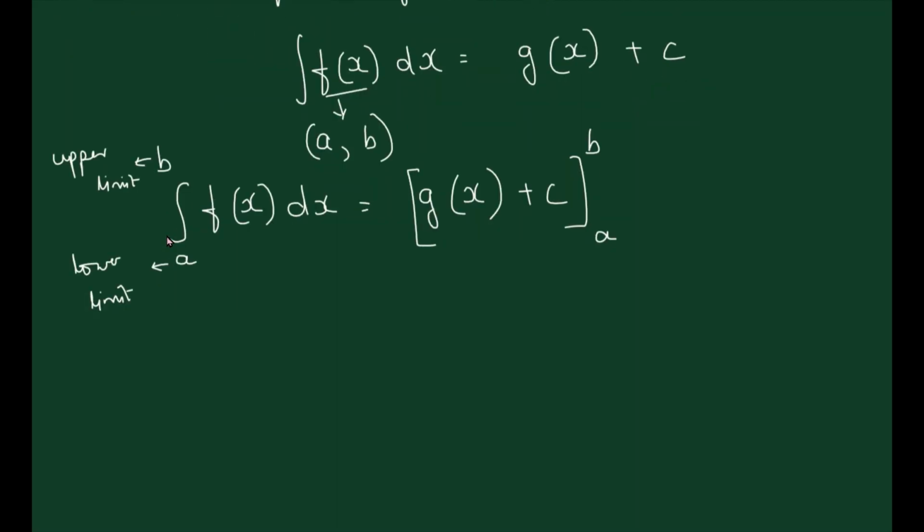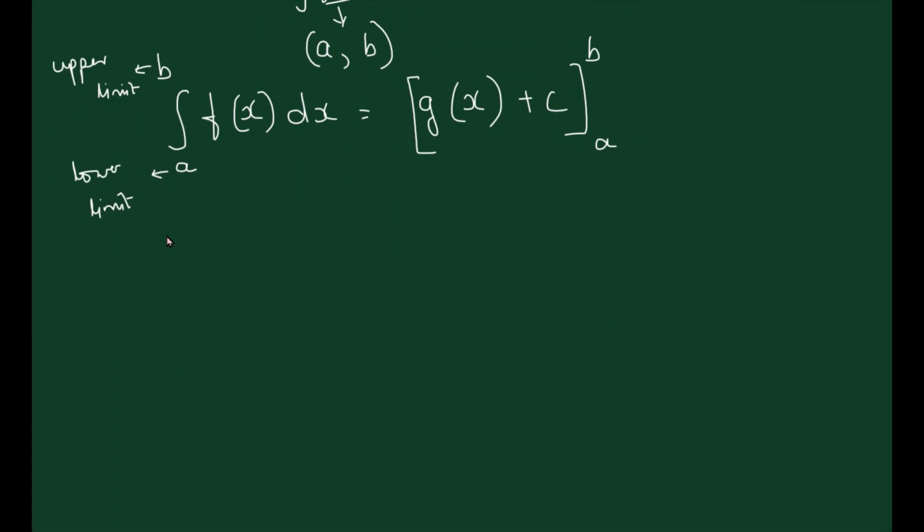After this, what we do is that in g(x), first the upper limit is substituted for x. So we write g(b) + c, always minus g(a), the lower limit, plus c.